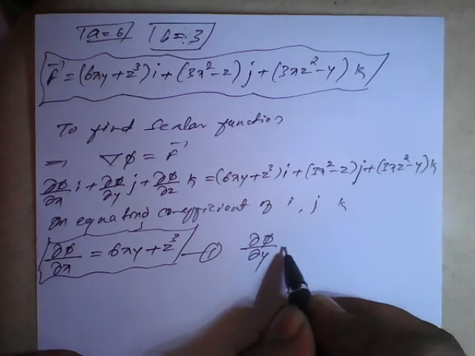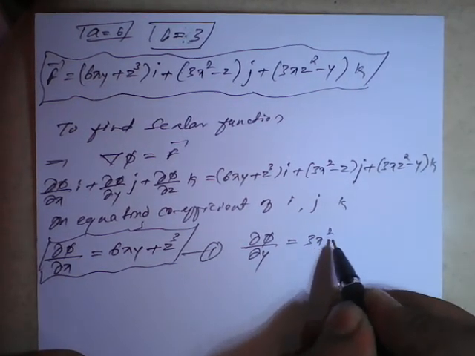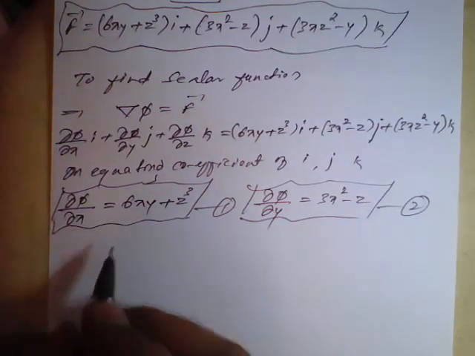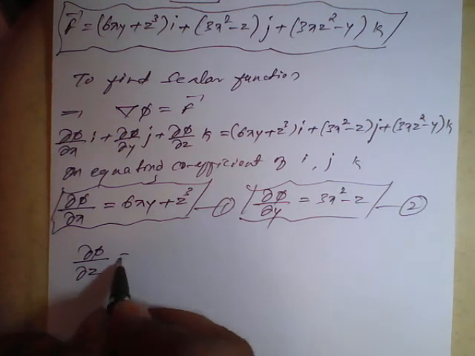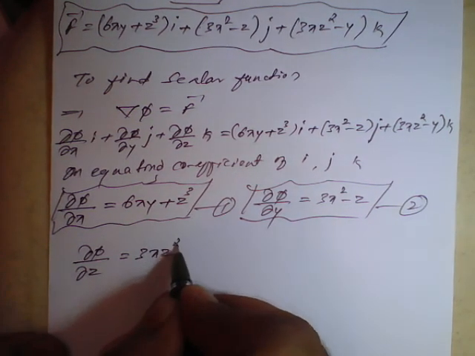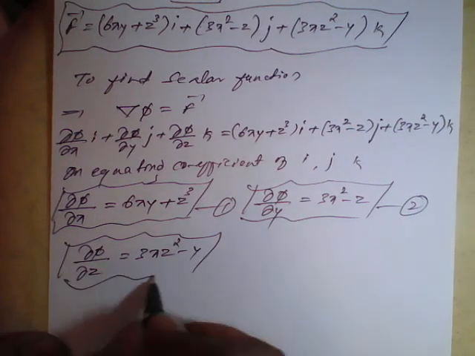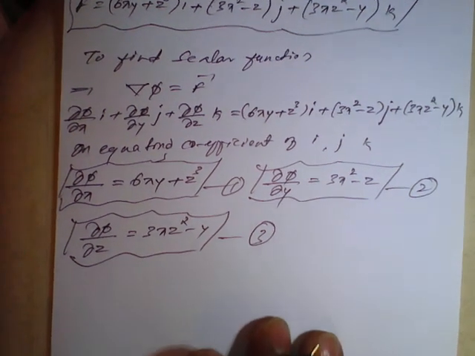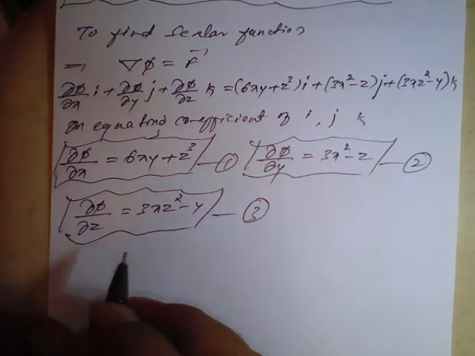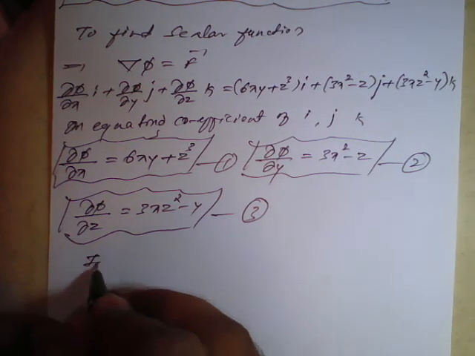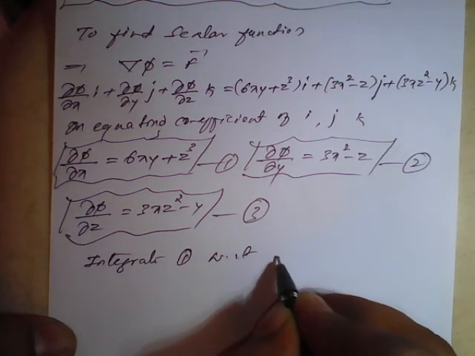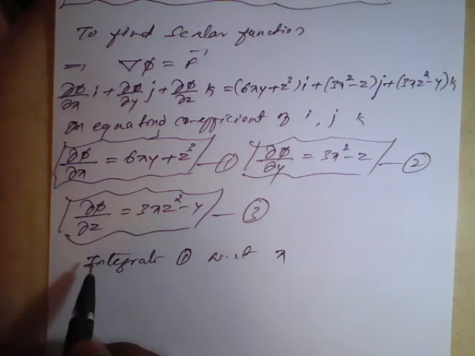Dou phi by dou y, we will get it as 3x square minus z, equation 2, and dou phi by dou z is equal to 3xz square minus y. Equation number 3. So from 1 to 3 we'll get a common phi on integration. So on integration, I'm writing integrate 1 with respect to x. So I'm going to integration directly now.